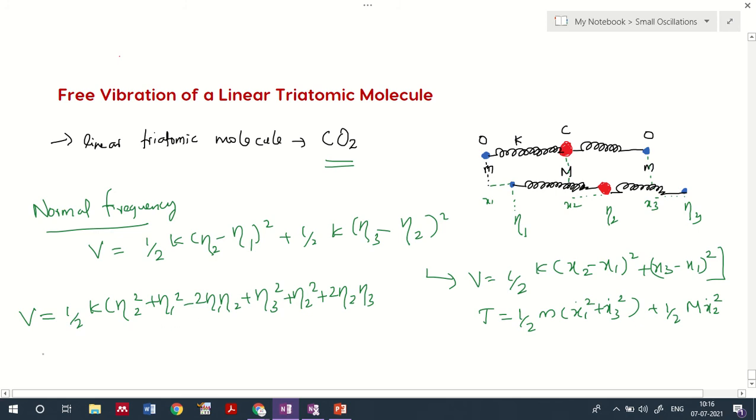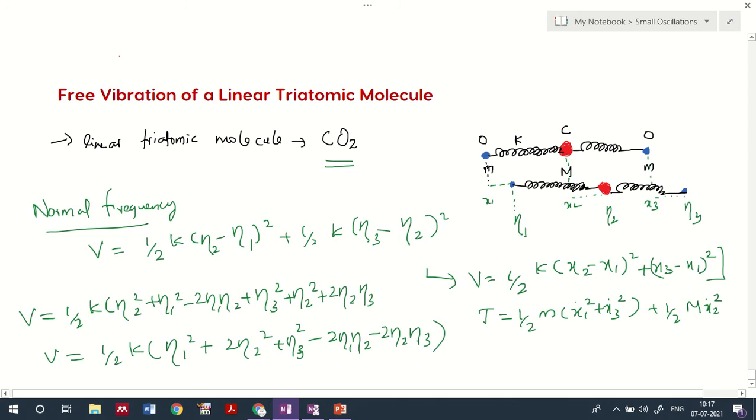When you reduce this equation, you will have half k times eta 1 square plus 2 eta 2 square plus eta 3 square minus 2 eta 1 eta 2 minus 2 eta 2 eta 3.